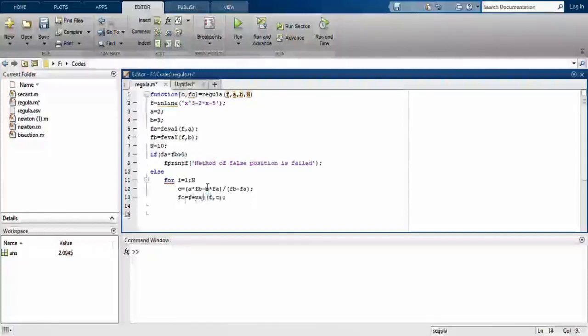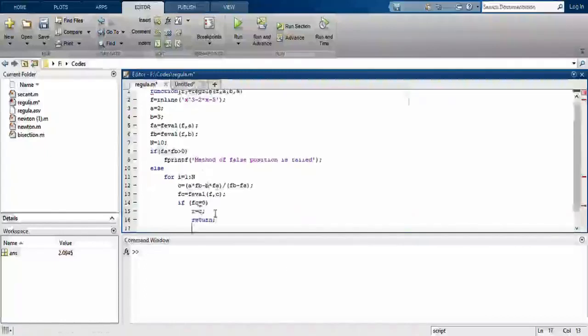If fc is equal to 0, then this is the root, r is equal to c. Verify the value. In the next iterations, you have to check whether c will replace a or b.